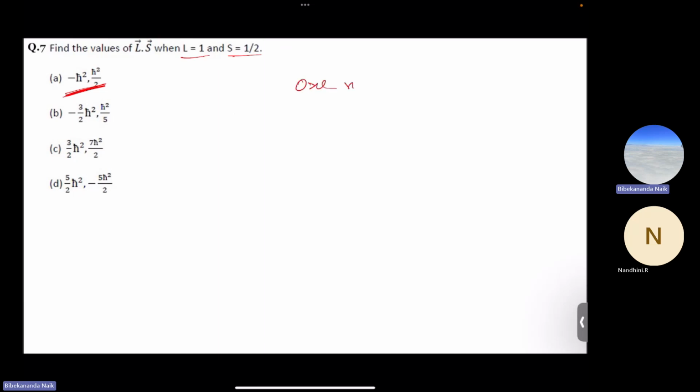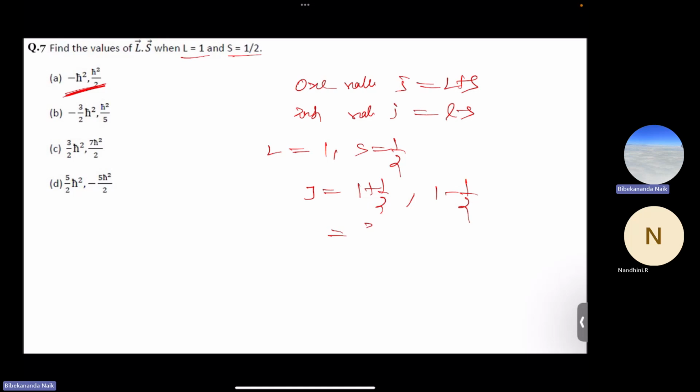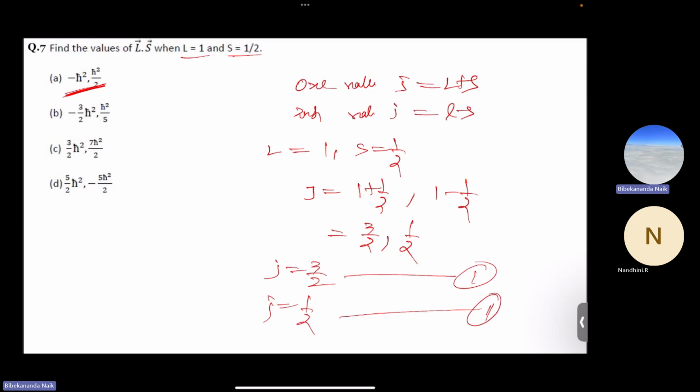One value will be for J equals L plus S, another value for J equals L minus S. So for L equals 1, S equals 1/2, we have J equals 1 plus 1/2 and 1 minus 1/2. 1 plus 1/2 is 3/2, 1 minus 1/2 is 1/2. So J equals 3/2 will give one value, and J equals 1/2 will give the second value.